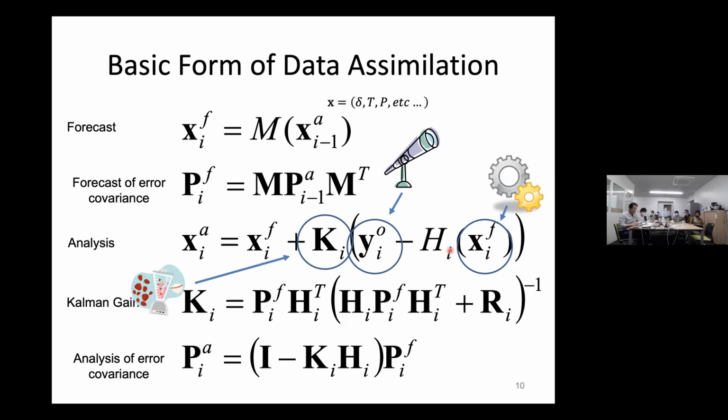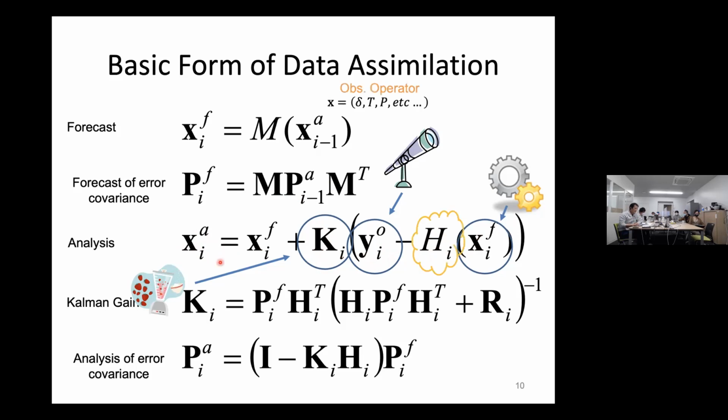Then a direct comparison can be made by Y minus HX. So this K, a weighted mean, is going to be used to produce the final analysis of each variable, like temperature or those kinds of things.